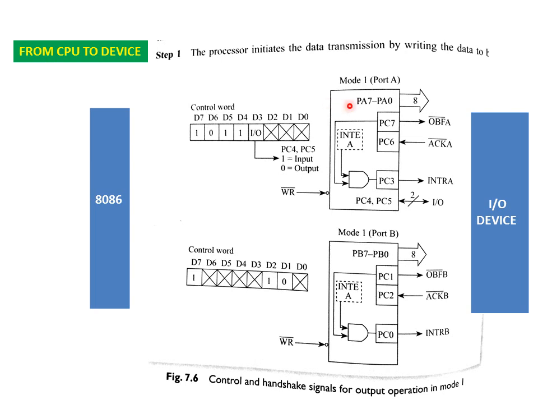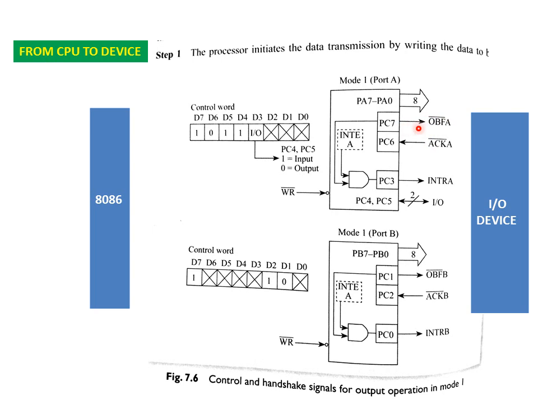Once the data is with the port A bits or port B bits, then in the second step the 8255 will give a signal through PC7, port C's 7th bit, OBF, nothing but output buffer full, an acknowledgement.